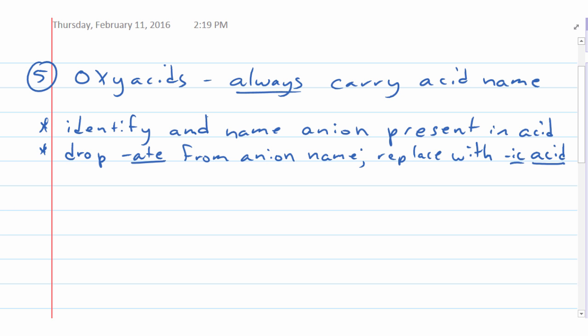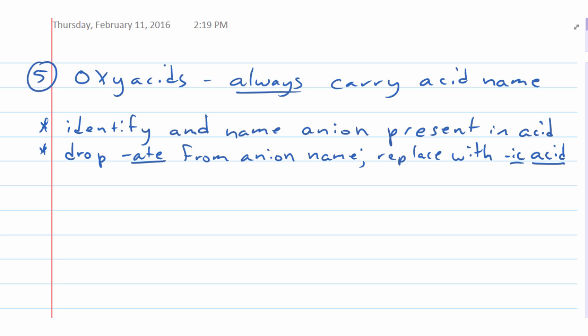Now, in an oxyacid, which element is always going to be present? Oxygen. And because it's an acid, hydrogen will also be present, written at the front of the formula. Because it's an oxyacid, it has anions that contain oxygen.